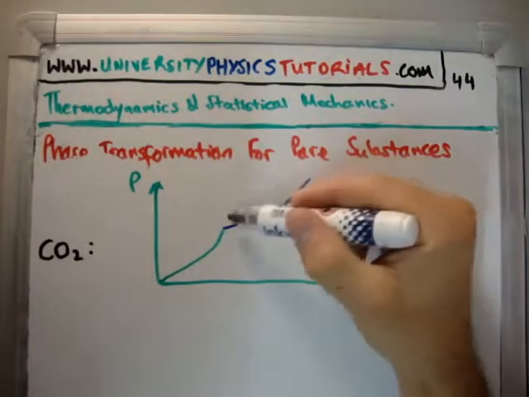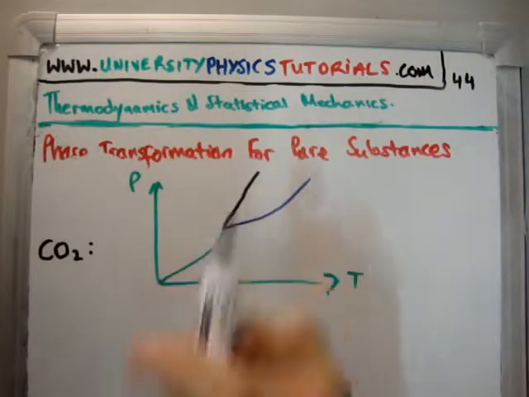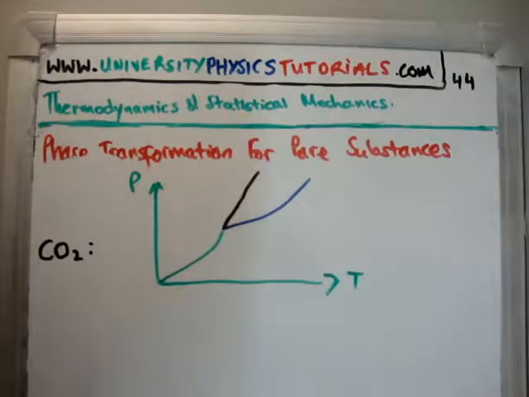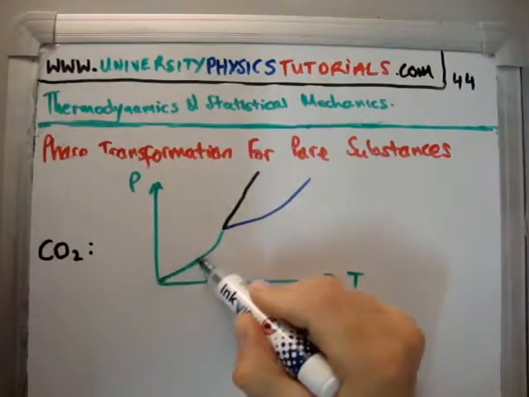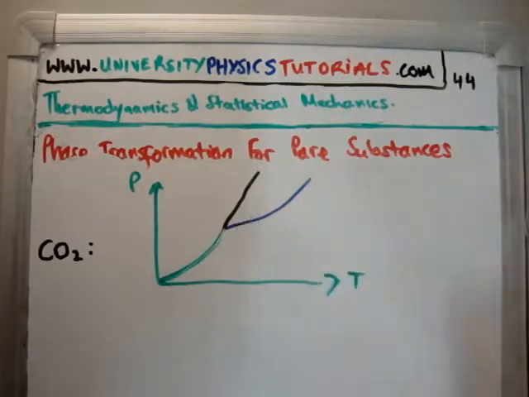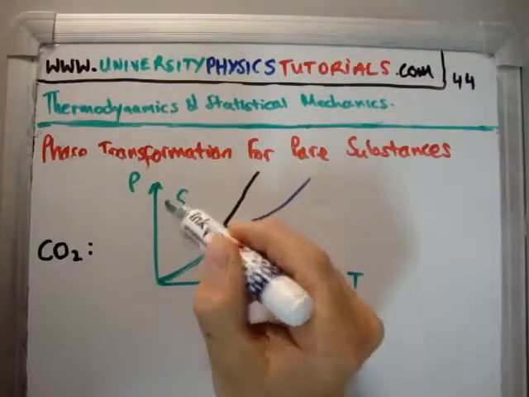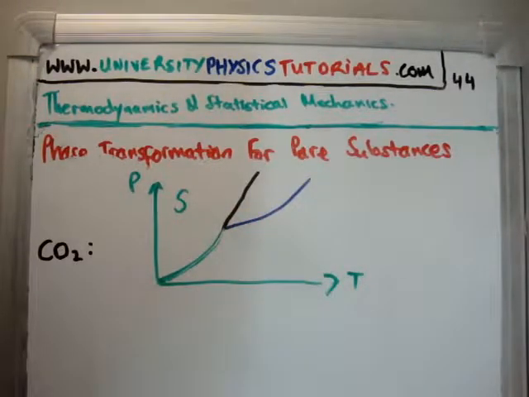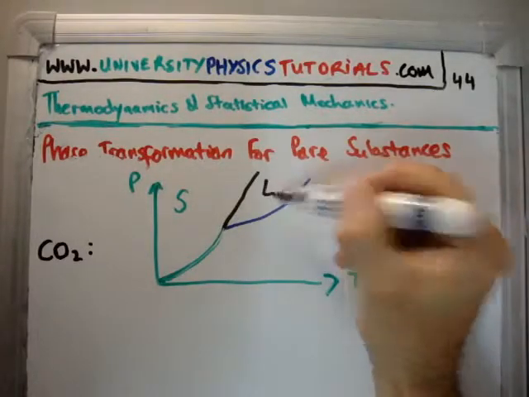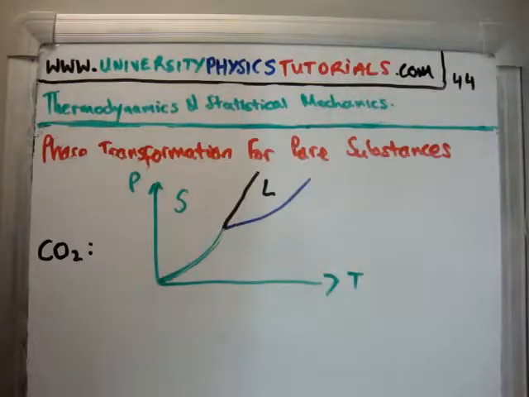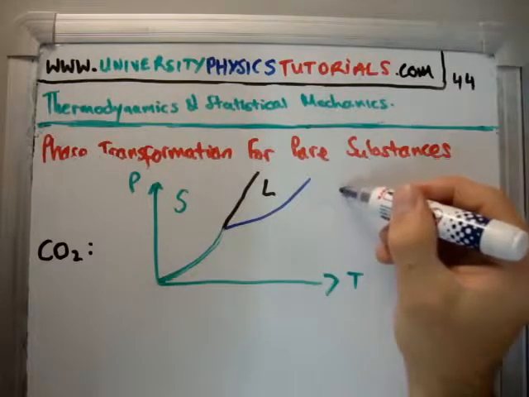It's not perfect. I suppose it curves better here. Okay, I think that's a better diagram. So this area here is where it is a solid. This area here is where it is a liquid. And this area, and all to the right of that, is where it is a gas.